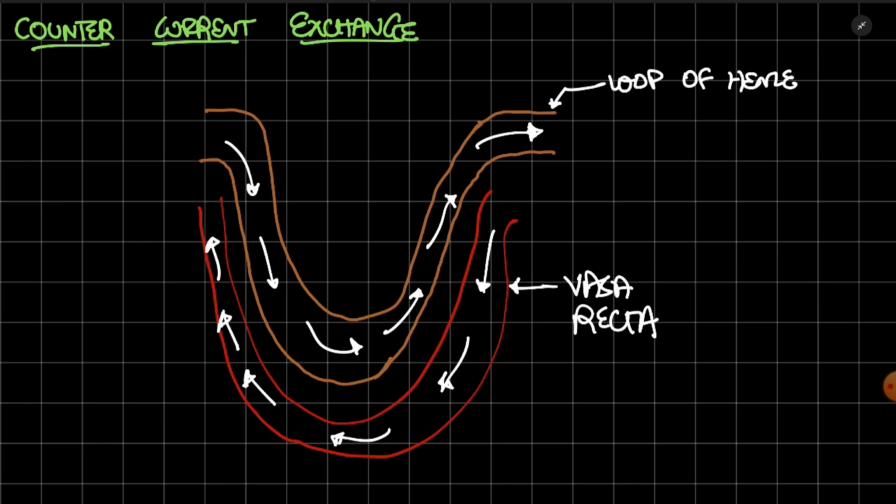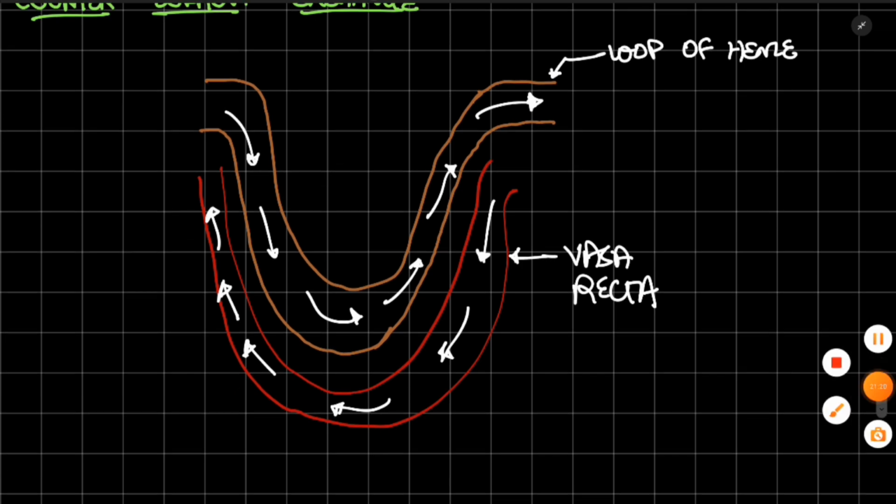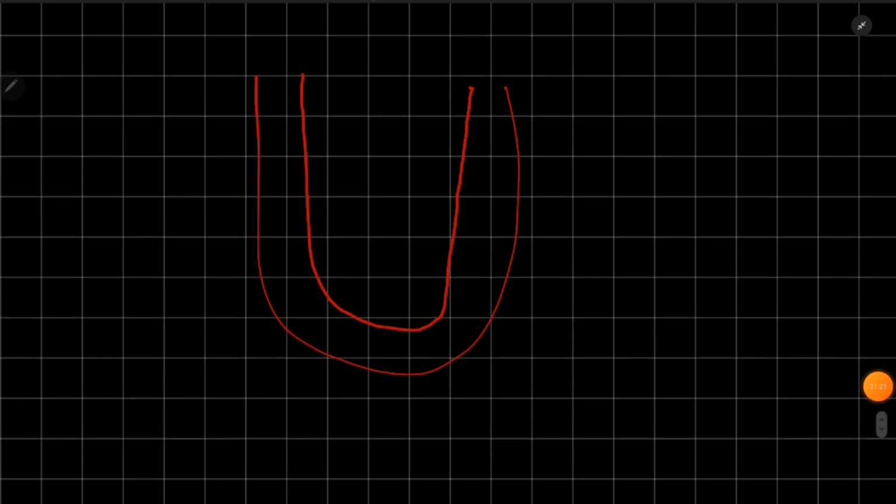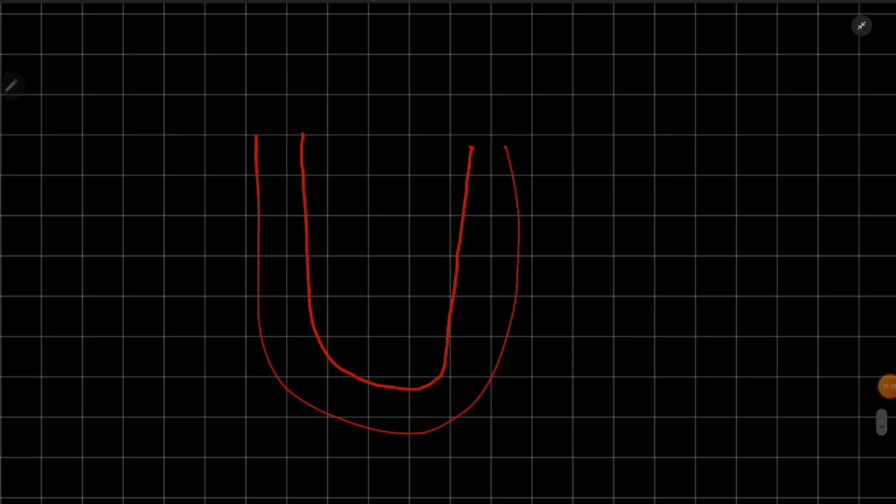Then let me draw one more diagram. Now in the vasa recta we have learned the flow is like this, and the osmolarity of plasma is approximately 300 milliosmol per liter, so we have to maintain that.